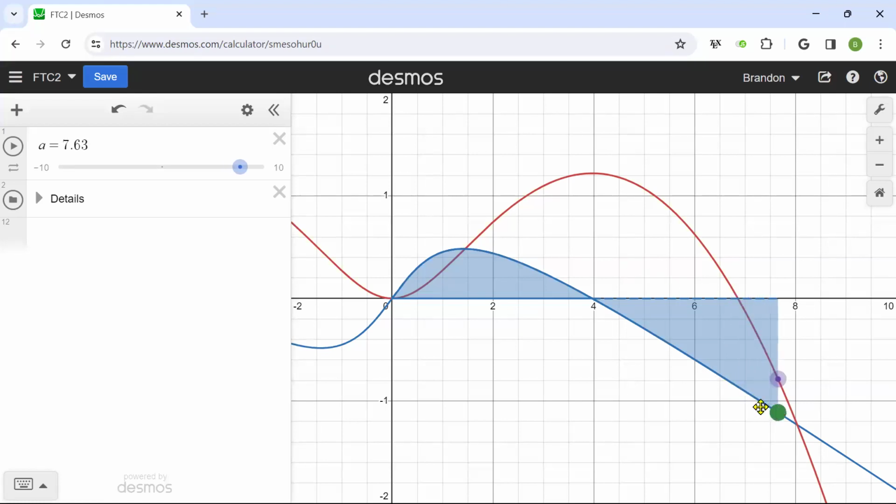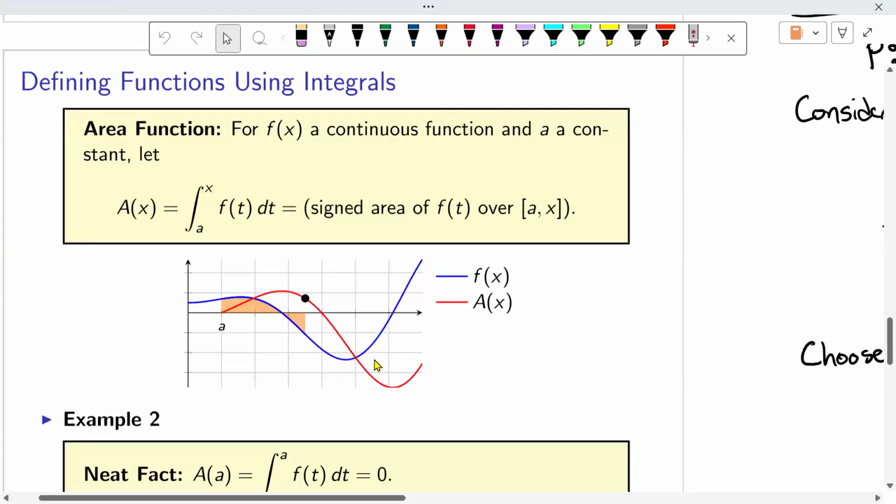And so f here is the blue function, and the area function is this red function. So the area function is basically what you get when you look at all these different signed areas under this curve. And so let's go back to this slide.